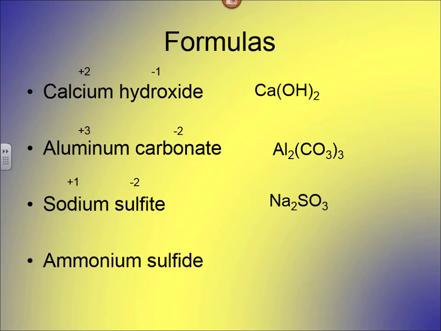One more. Ammonium sulfide. Which part of this are you looking up on the chart? Which of those 2 words is an element name that you recognize? Sulfur, sulfide. So this time you're going to look up the ammonium part on the chart.